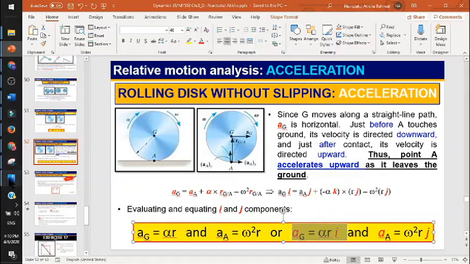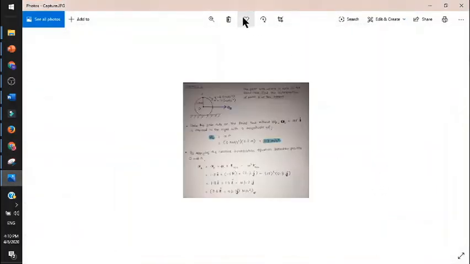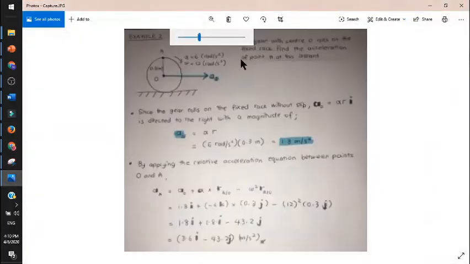So for this question, we will get AO equal to alpha times R. Alpha is already given, 6 radian per second squared, times R 0.3 meter, then you will get 1.8 meter per second squared. So AO equal to 1.8 meter per second squared.